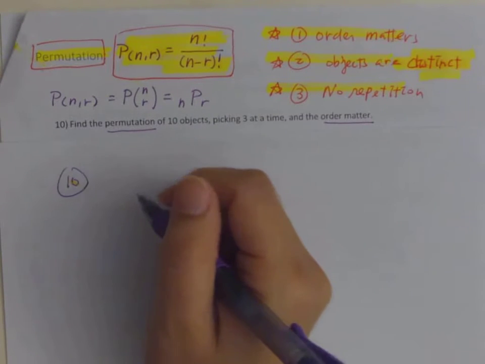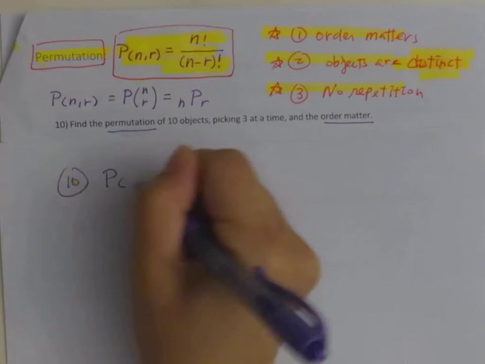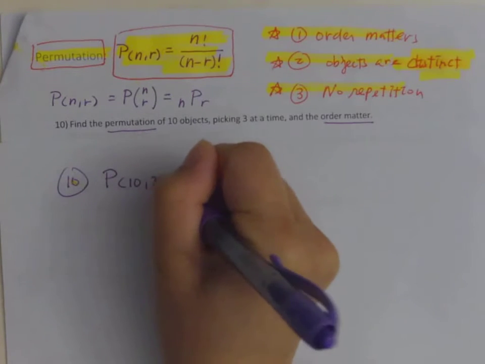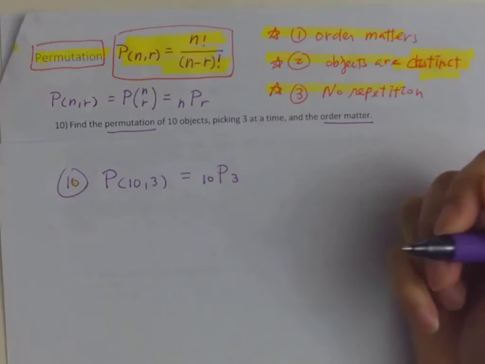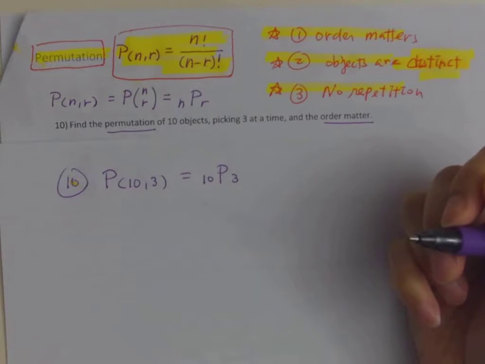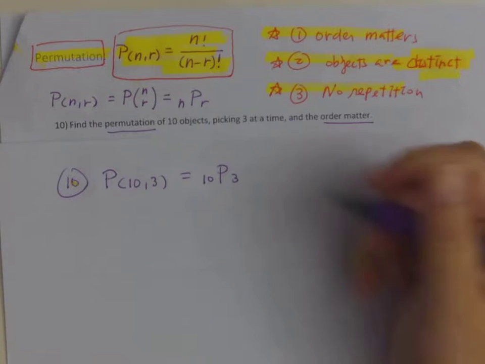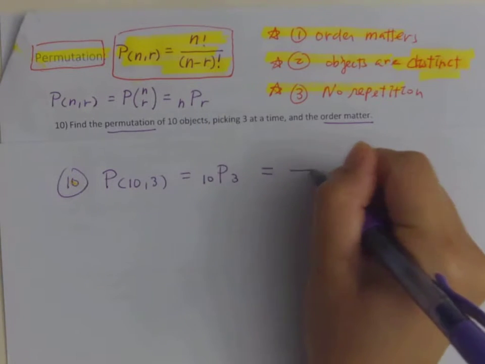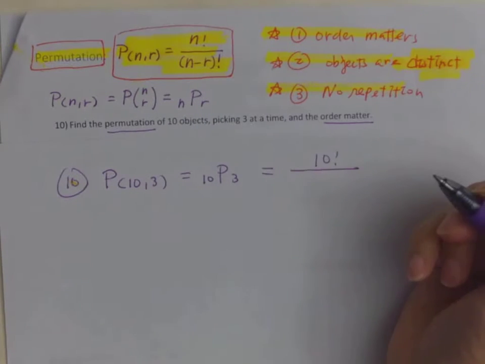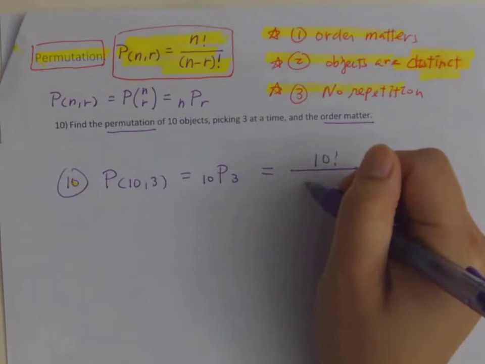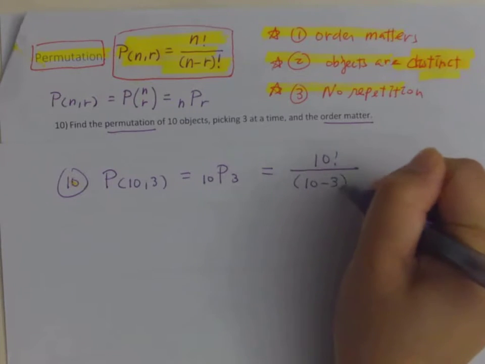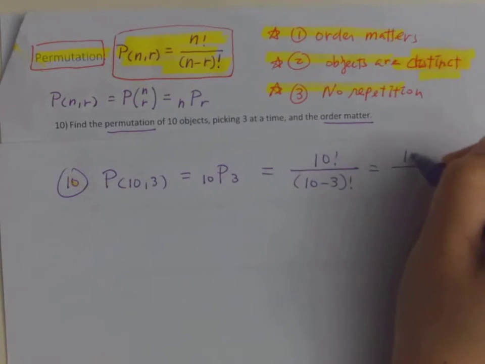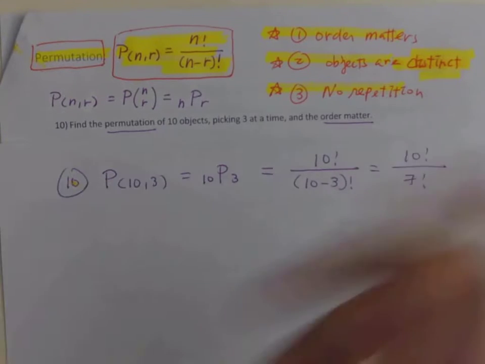So it's P10 pick 3, and on your calculator it's 10P3 like this. But we would like you to be able to do it by hand, so let's see. It's 10 factorial over 10 minus 3 factorial, so 10 factorial over 7 factorial.